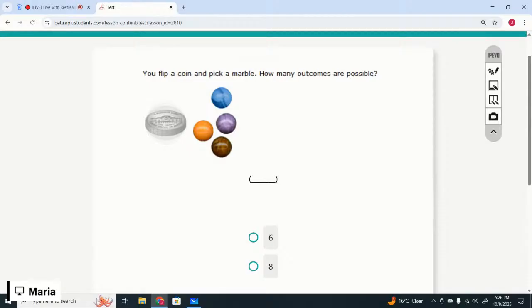You flip a coin and pick a marble. How many outcomes are possible? So we have 2 outcomes for the coin and 4 outcomes for the marble. So 2 times 4 is, that is 8.